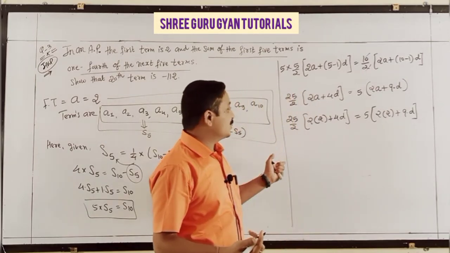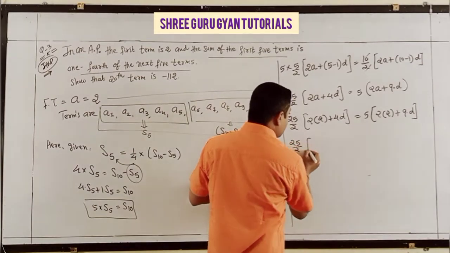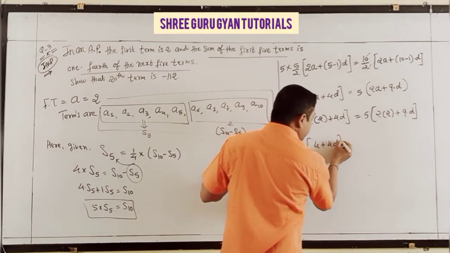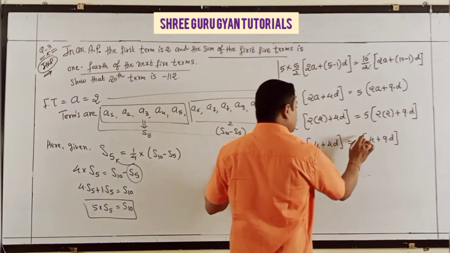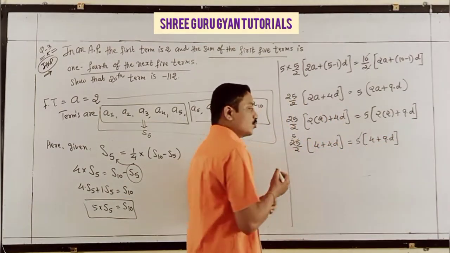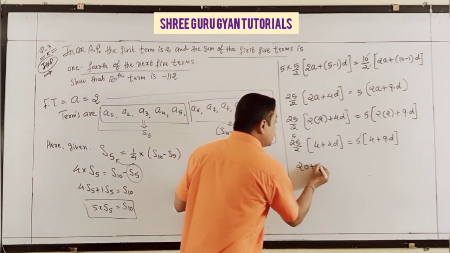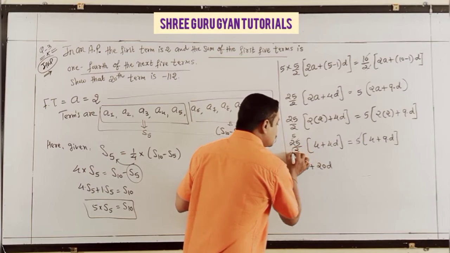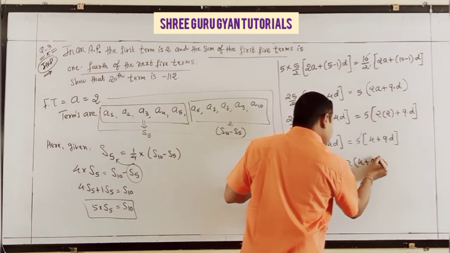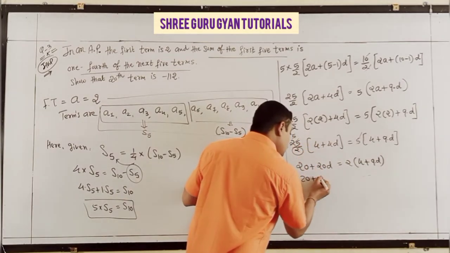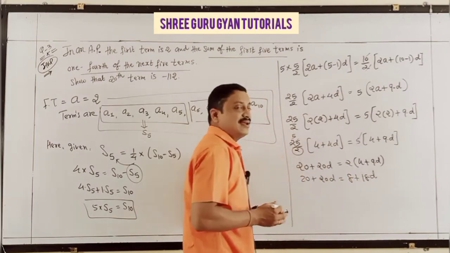Correct? Simplify that. Here 25 by 2 times (4 plus 4d), this side 4 plus 9d. Now the 5s are gone, 25, and multiplying, 5 fours are 20 plus 20d. These two carry forward to the right side, 2 times (4 plus 9d). So you get 20 plus 20d equals 8 plus 9 twos are 18d.